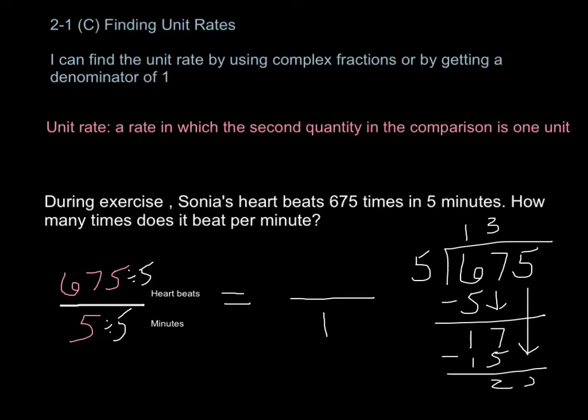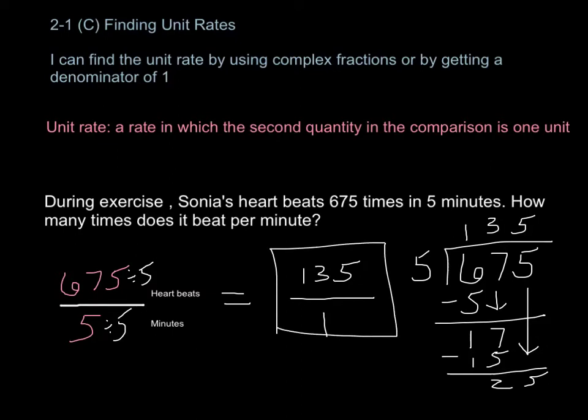Bring down my last 5. 5 goes into 25 5 times. And because I don't have any room, we'll just stop right there. I will not have a remainder. So it is 135. So now what I just figured out is the unit rate of how many times Sonia's heart beats per 1 minute. And the unit rate would be 135 beats per 1 minute. Okay, and that would be my final answer.